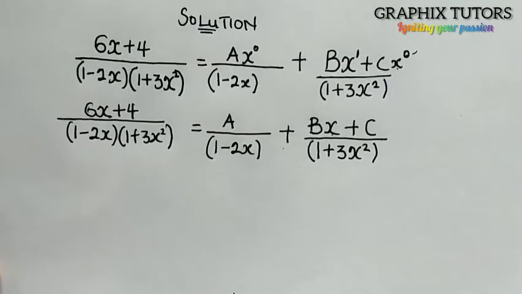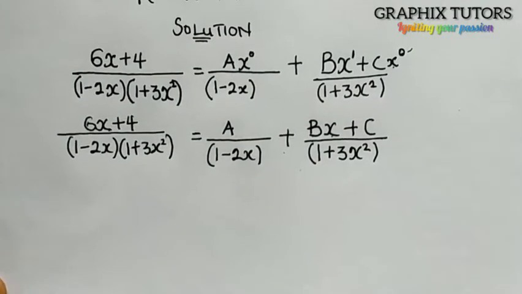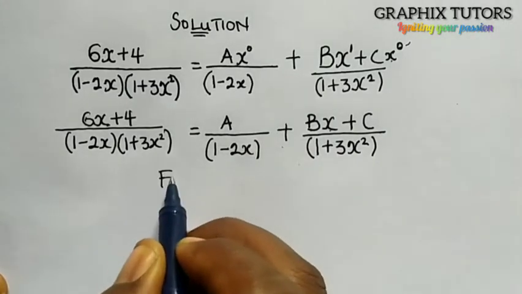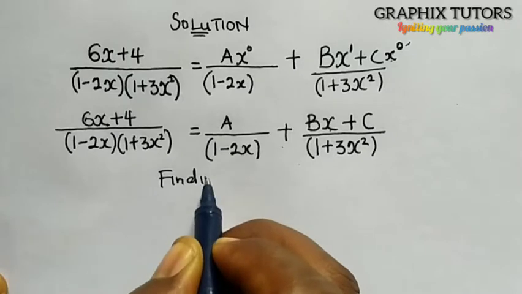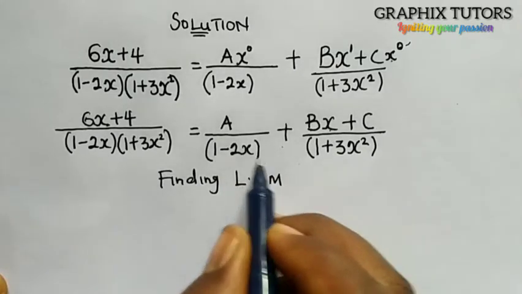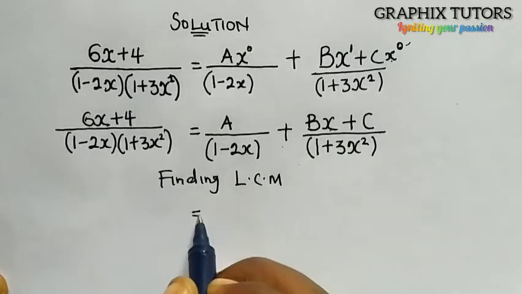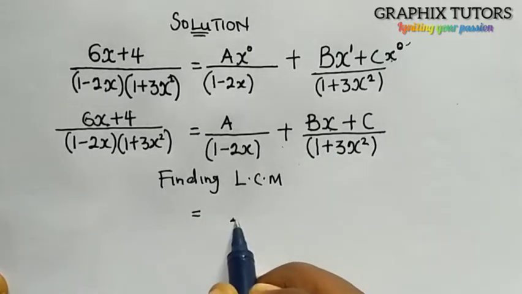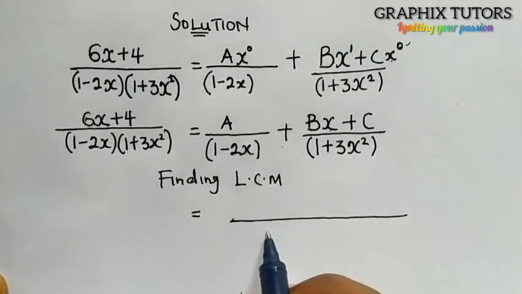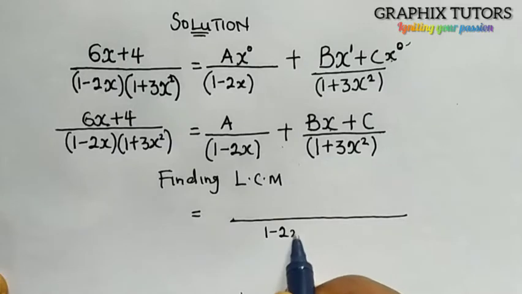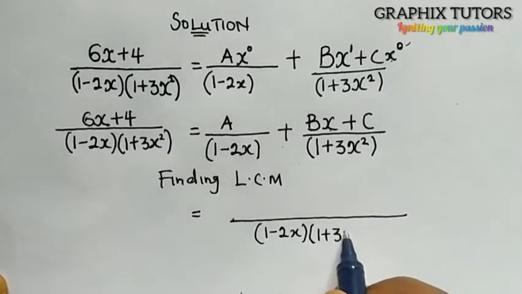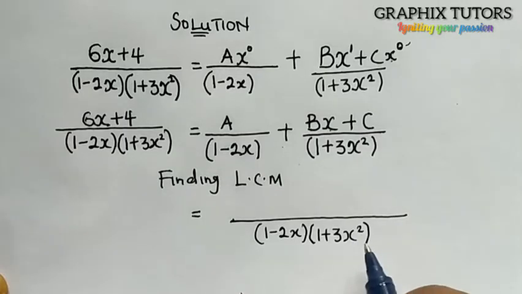Now after that, the next thing we'll do here is you look for the LCM, the lowest common multiple of this. The LCM is both of them, which is (1 - 2x)(1 + 3x²), right?